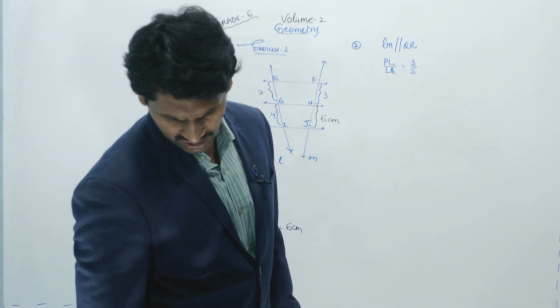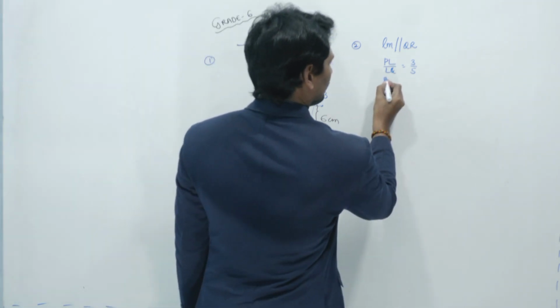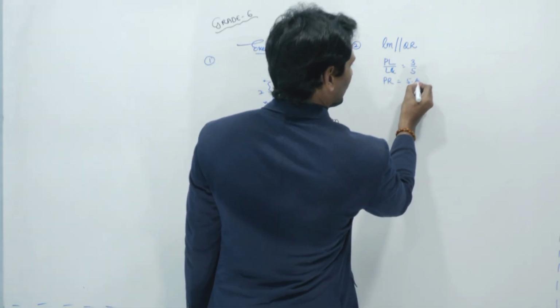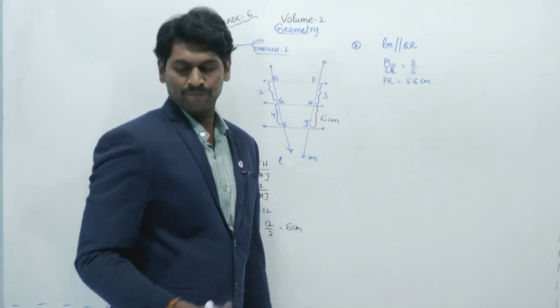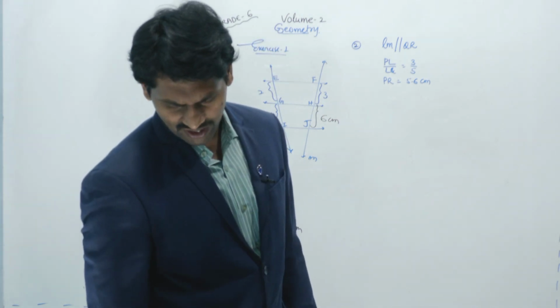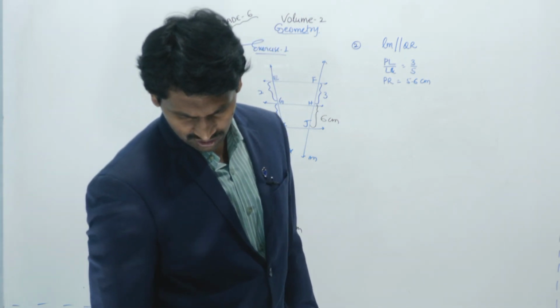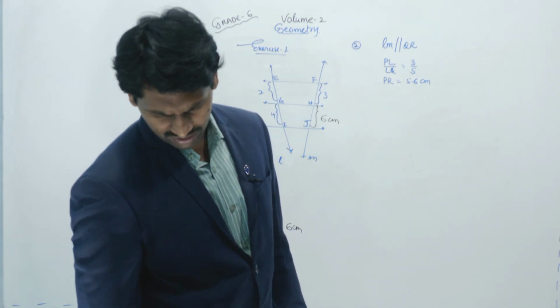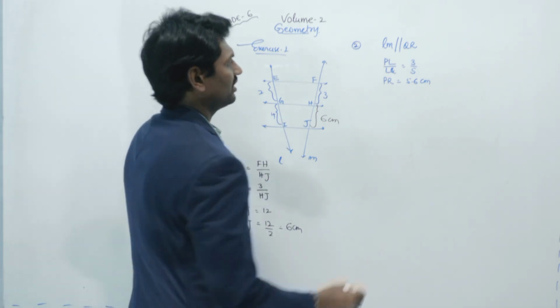And PR equals 5.6 centimeters. Then we need to find the value of PM. There is no diagram here, so we need to draw the diagram.